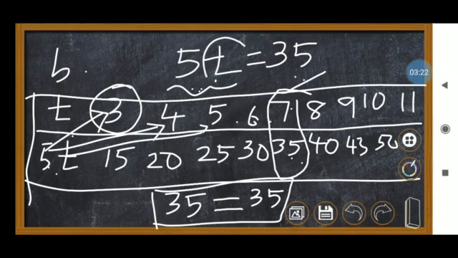So t equal to 7 is the correct answer. Then what about 8? 40, not equal. 45 not equal, 50 not equal, 55 also not equal.